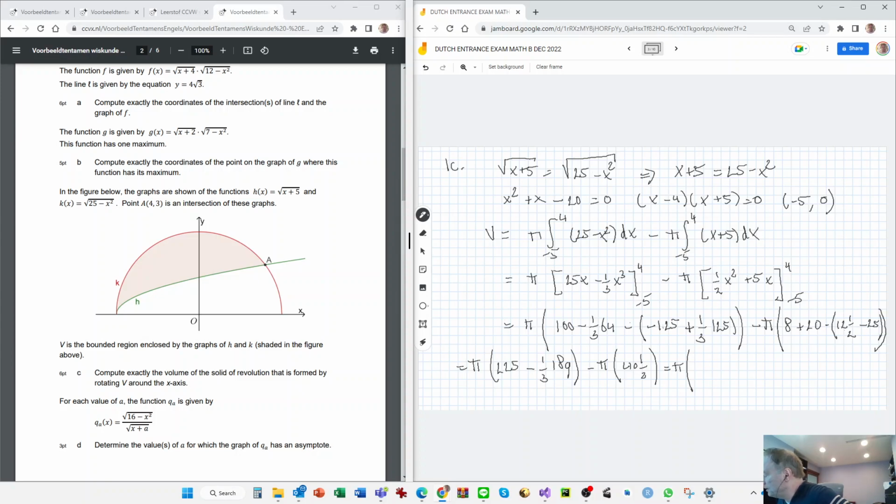It's 63, so you get 225 minus 63, which is, of course, 162. And minus 40.5. So that is 121.5.